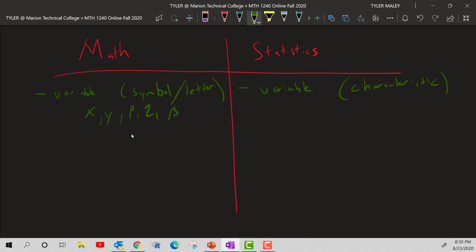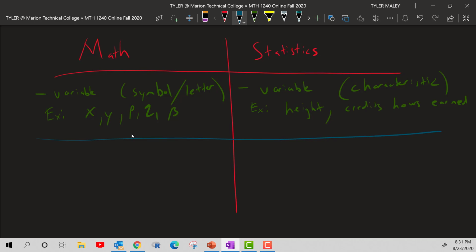So maybe like height as an example, or maybe the credit hours earned for college students is another variable, right? So these are just some examples. So even just variable, which seems like a very foundational item, is very different between the two, right?